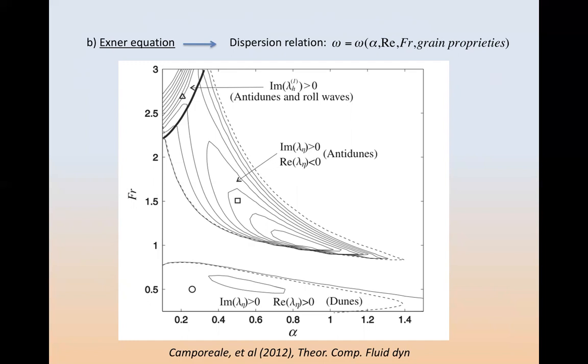Italian people say Froude number, but I think it's better to say Froude because Froude was an Englishman. And the longitudinal wave number, you see dune instability, that means pattern propagating downstream, anti-dune instability, pattern propagating upstream, and also the formation of roll waves.